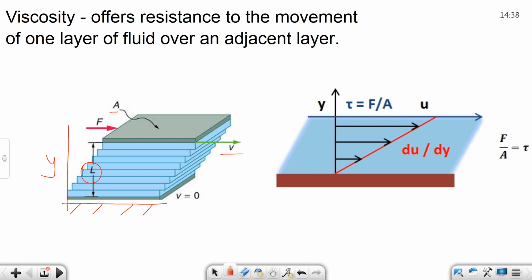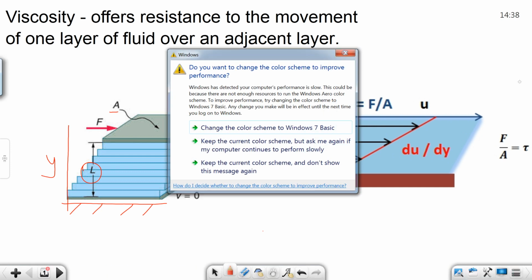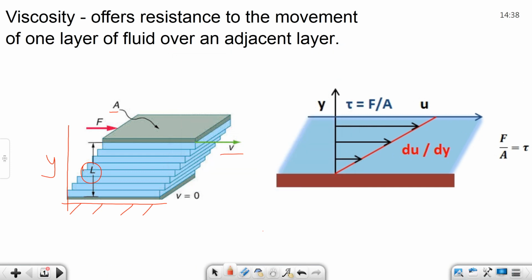Considerably, these two plates' areas and lengths are very large, and the thickness of the plate is very small. So you can observe these are the different fluid layers, and I can say there is a shear force exerted on these fluid layers.